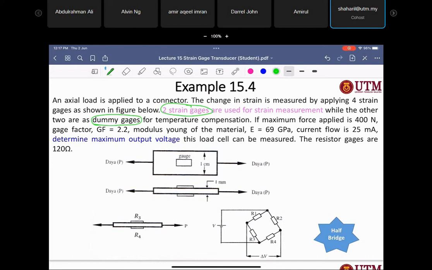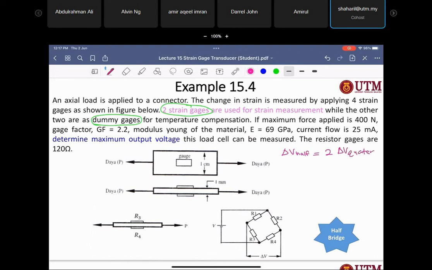So we know that this strain gauge is attached to the Wheatstone bridge. That means to find the delta V half, it equals 2 times the delta V quarter. This is the first one.